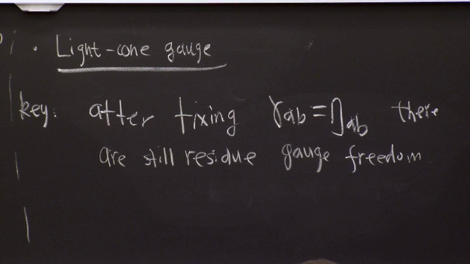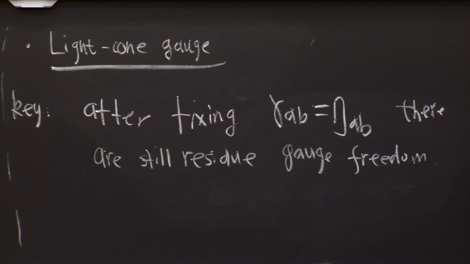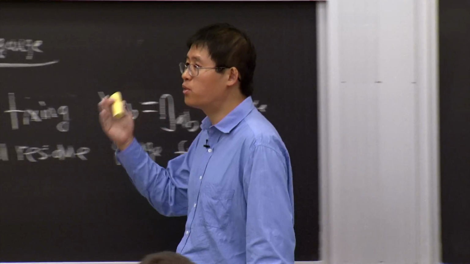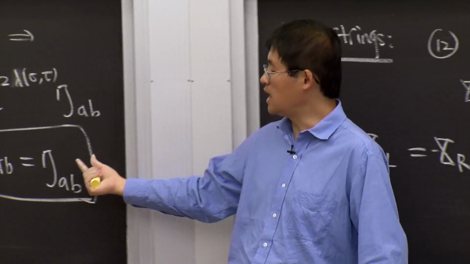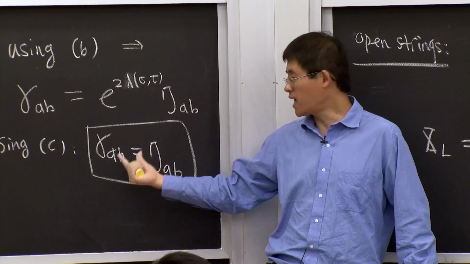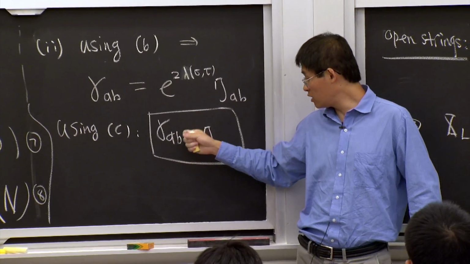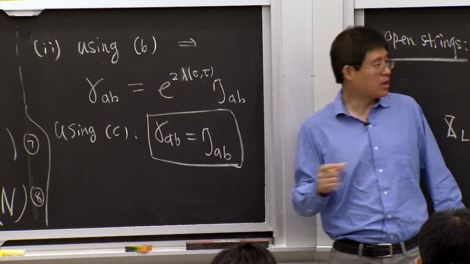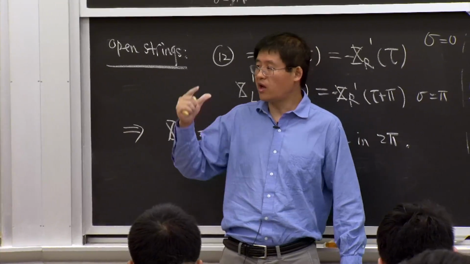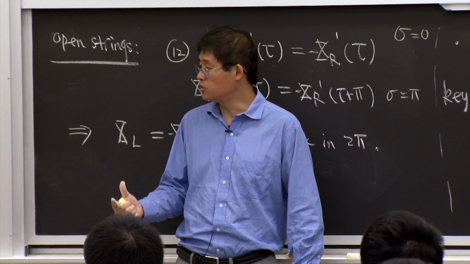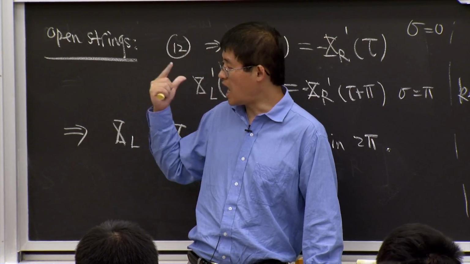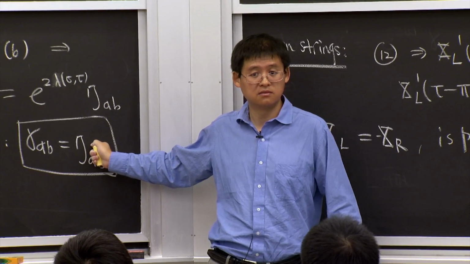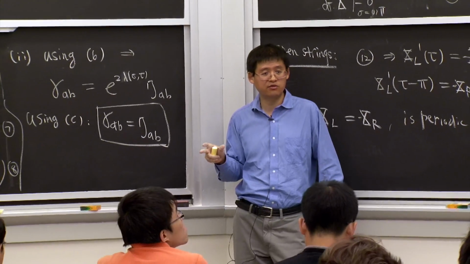By residual gauge degrees of freedom, I mean that if you had fixed the gauge completely, then any operation, like the ones we did before, B and C, acting on gamma would take it away from this configuration. Residual freedom means I can still find a combination of coordinate transformation and Weyl scaling so that after those operations, I'm still going back to this metric. Is this clear, what we mean by residual gauge freedom?